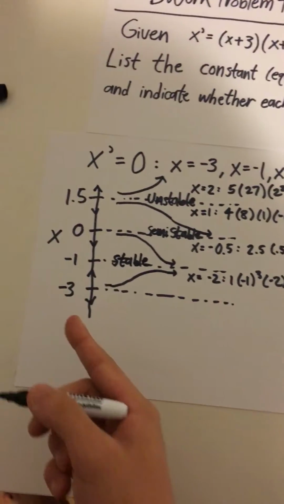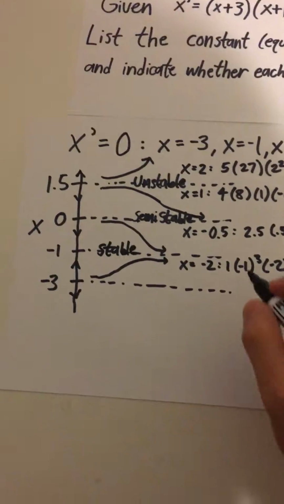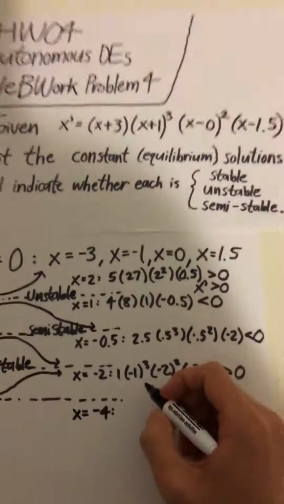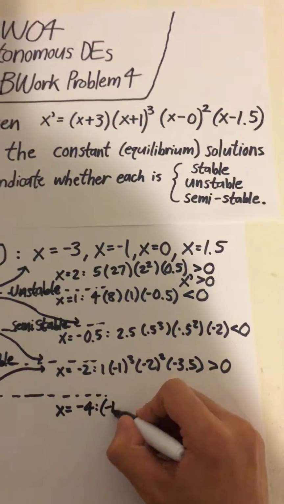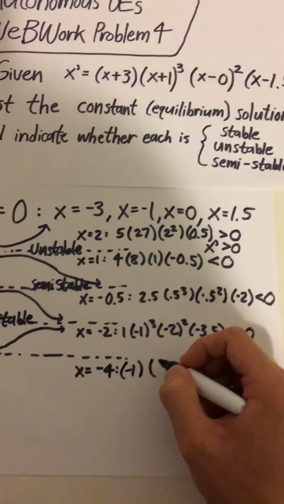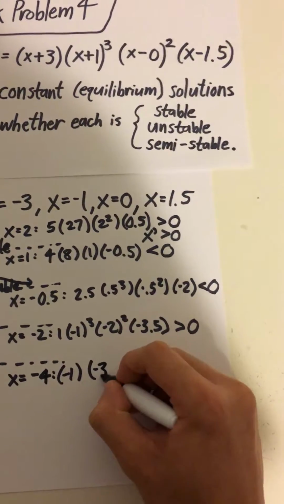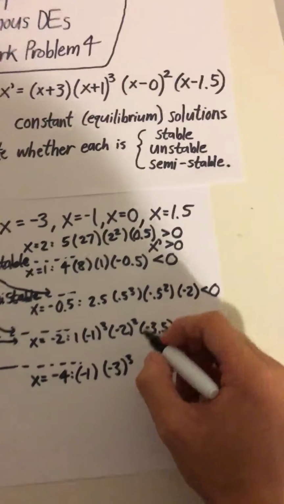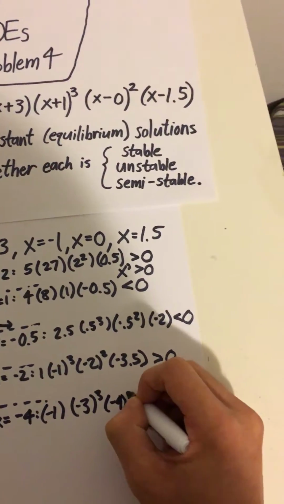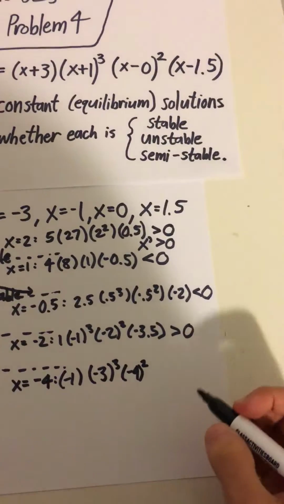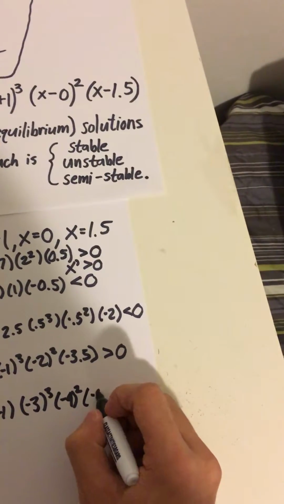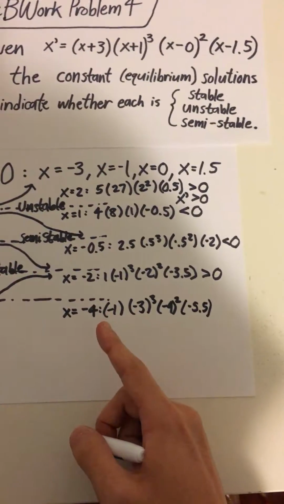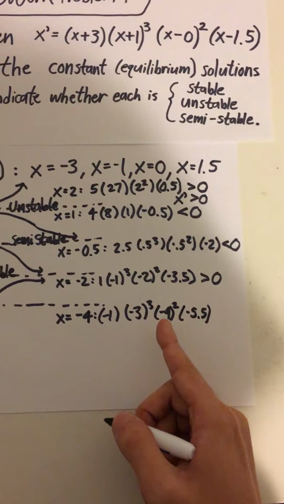And now let's check again for x equal to, say, negative 4, which is below negative 3. Then we plug it back in up there, and we get negative 1 times negative 4 plus 1 is negative 3. Negative 4 minus 0 is negative 4, to the power of 2, I mean. And negative 4 minus 1.5 is negative 5.5. So we have a negative, another negative, a positive, and another negative.